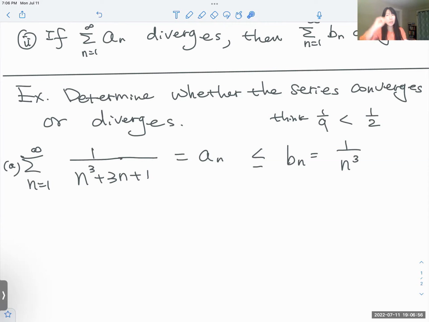Does anyone see something? 1/n cubed? Is it a p-test? It's a p-test, good. So it converges? Very good. So it's a convergence.